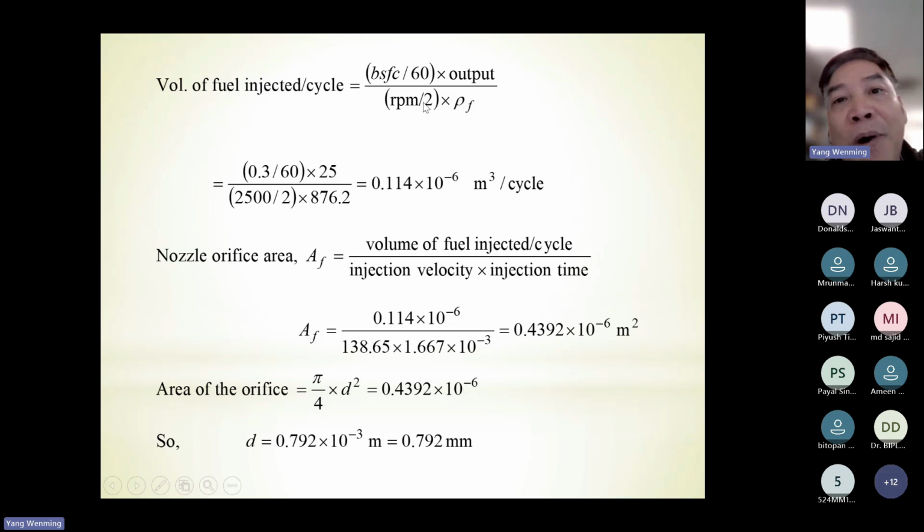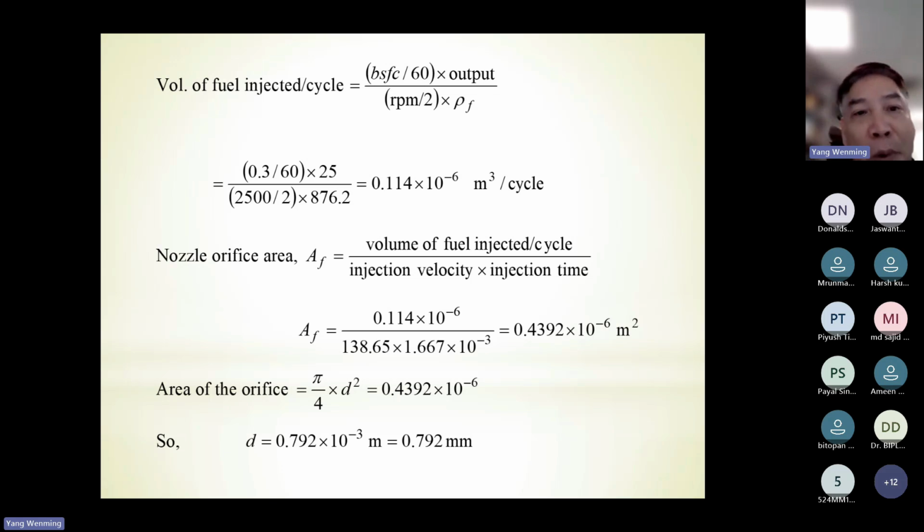This is the fuel consumption in 1 minute. Then we divide by the number of cycles, or the number of fuel injections, so we can find how much fuel is injected each time. This is in terms of mass, so we divide by density to change the mass to volume.